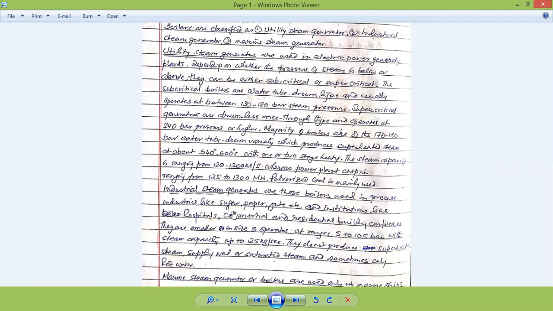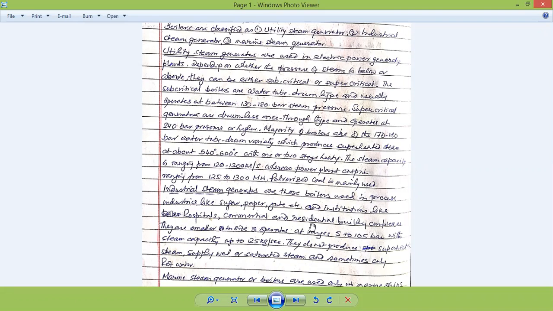There are other applications of these industrial boilers. Industries like hospitals, commercial and residential buildings will find application of steam itself. For hospitals, steam is produced to clean the dust, especially in garments.